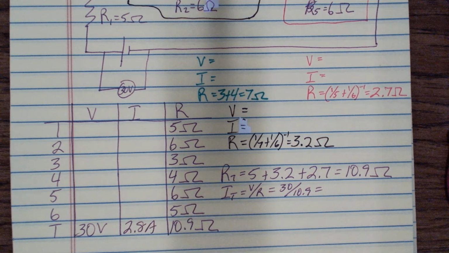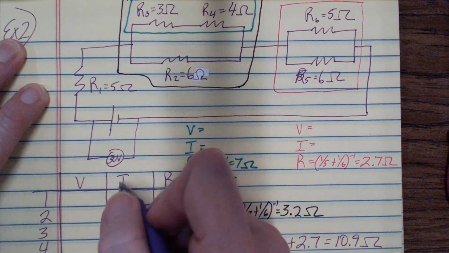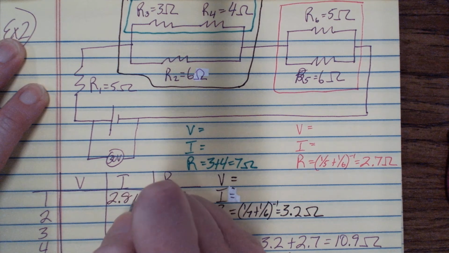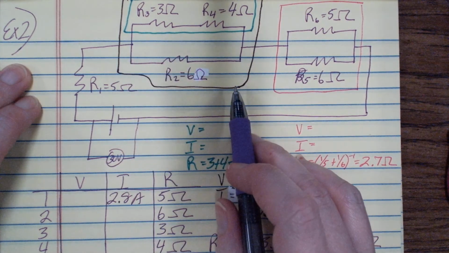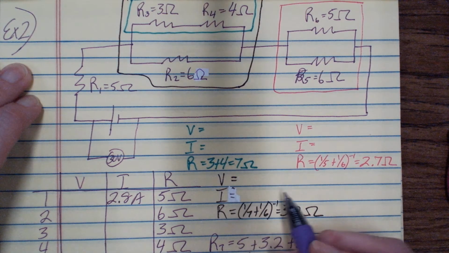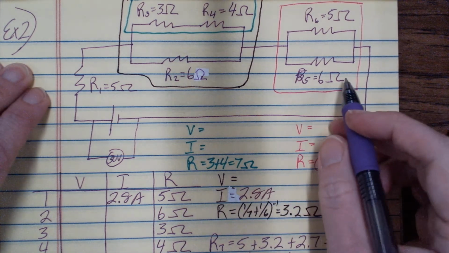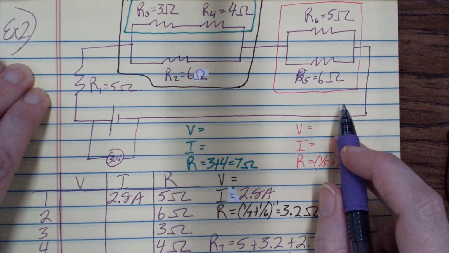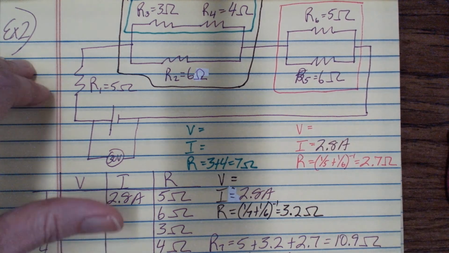Okay, so now that I have the current on the battery, anything that's in series with the battery has the exact same current as the battery. So R1 is in series with the battery, so it has a 2.8 amps current. The brown box is in series with the battery, so the brown box current is 2.8 amps. The pink box is also in series with the battery, so its current is 2.8 amps.